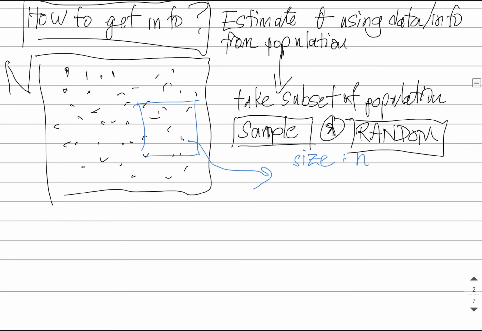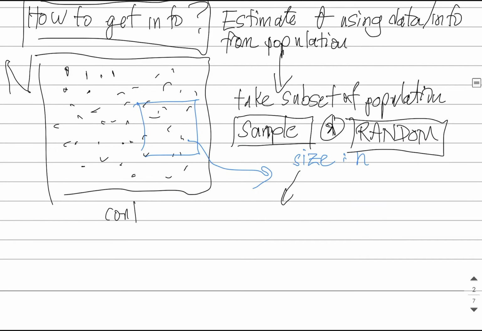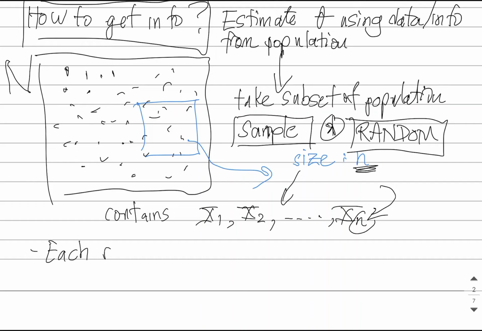So your sample contains certain amounts of information. So you've taken some of the individuals, and essentially in our mathematical model, you've taken some of the random variables. Because your sample is size n, this list has to stop at size n. Now, each sampled random variable produces what we call data.